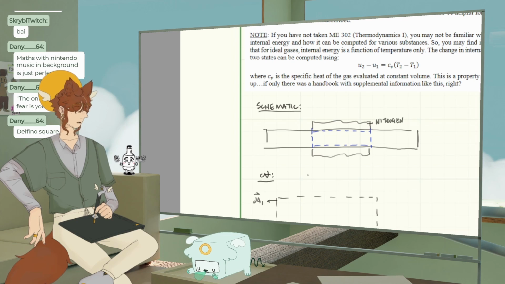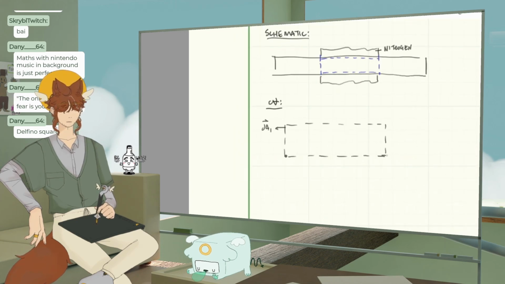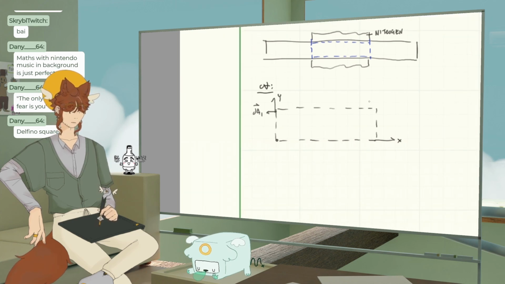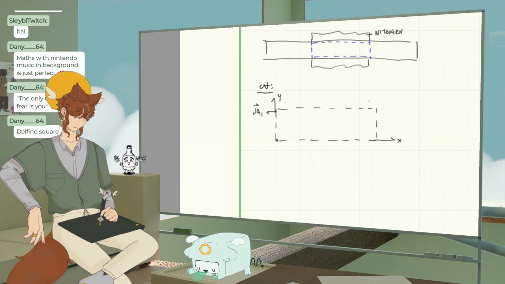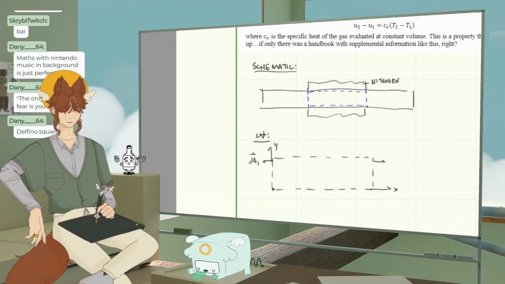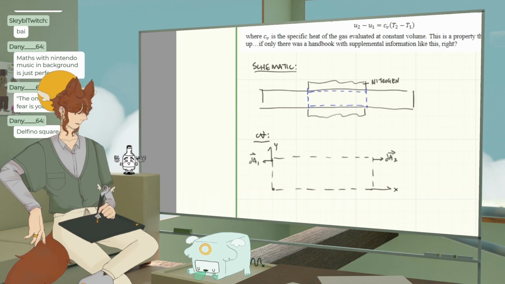No. I'm gonna go with a cute little Cartesian coordinate system. And then we need another area vector at the end. Nice little pipe flow. Sort of pipe flow. It's compressible pipe flow, which we don't particularly like doing by hand.